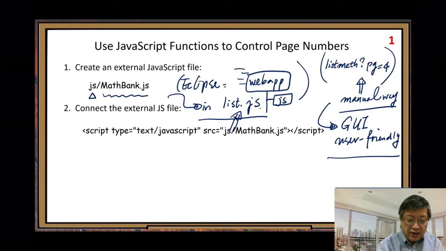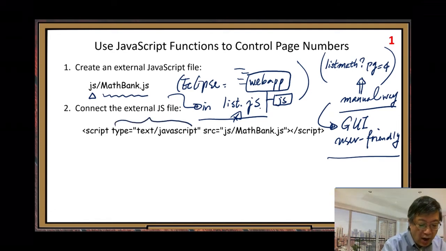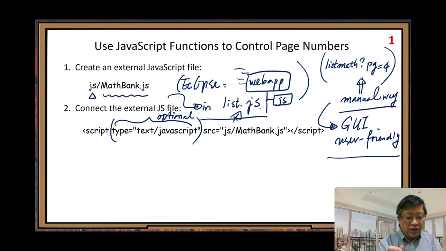We just add this line, right? The usual way we add, but this part, the JavaScript type, this is optional. Optional, that means we can omit this type attribute.